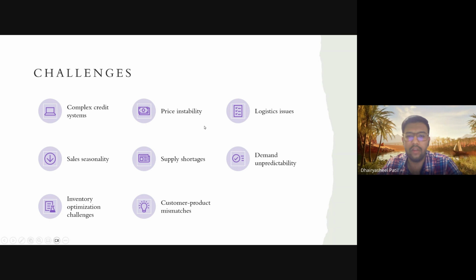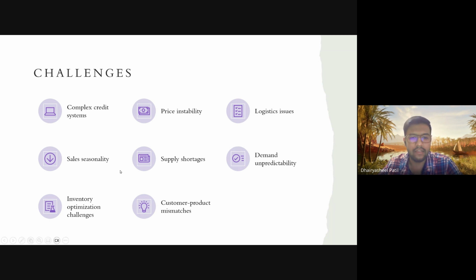As polymers are derived from petrochemical products, there is price variability. And there are logistics issues, because there is no constant demand. Sometimes the demand is not adequate to fill a truck efficiently, and sometimes the order is so low that it doesn't make sense to hire a big vehicle. So it becomes a logistics issue too.